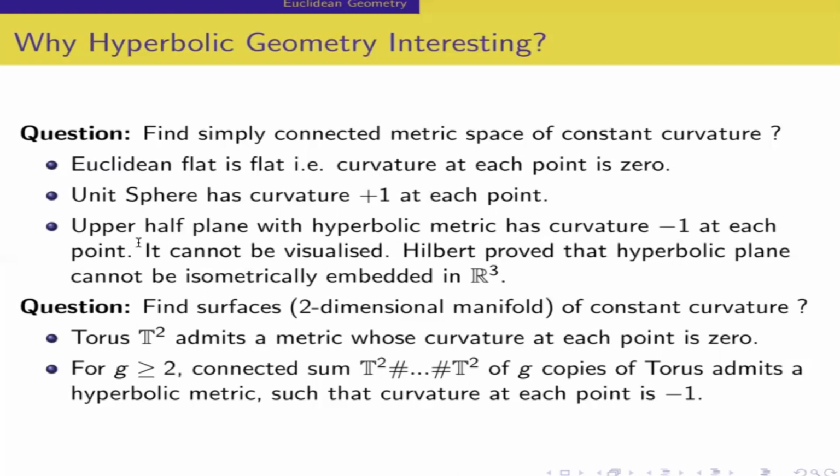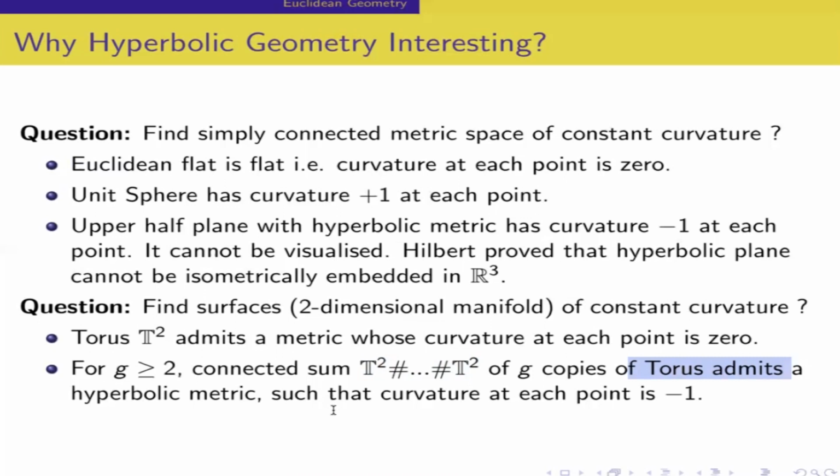Now you take g greater than or equal to 2, and let us take the g-fold connected sum of the torus. So this is torus connected sum torus connected sum torus, take g copies. One can prove, and we'll be doing this in the course, that for g greater than or equal to 2, the g connected sum of torus admits a hyperbolic metric.